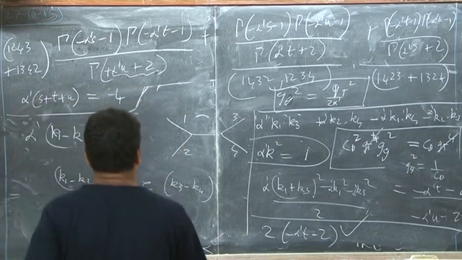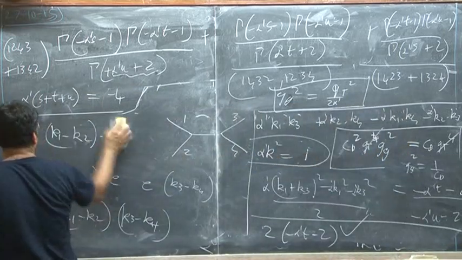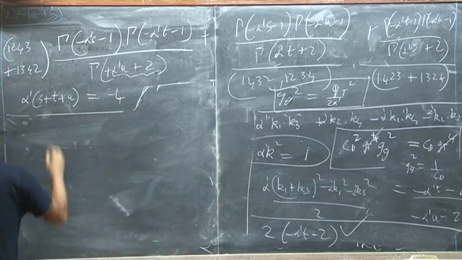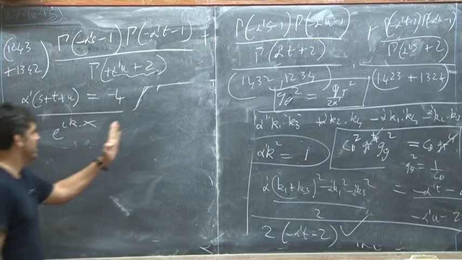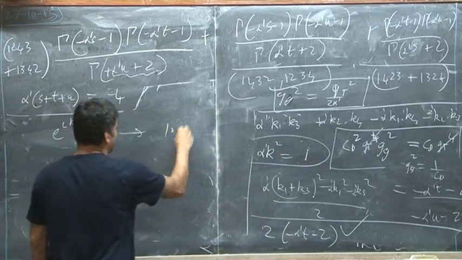Check that the vertex operator e to the i k dot x corresponds to the unit norm state 0k. This is actually correct.